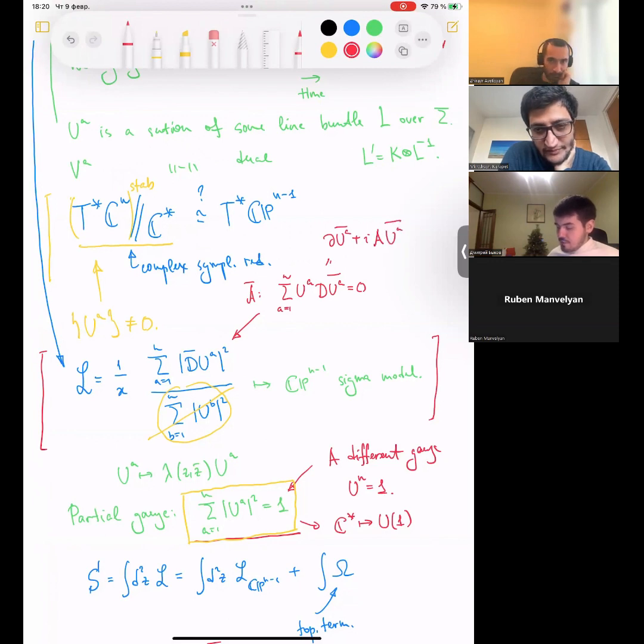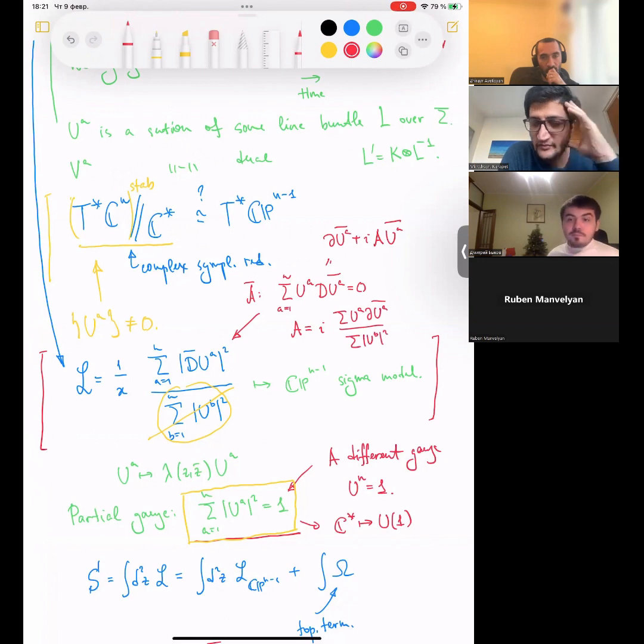So then you solve this, and you get that I A equals I sum over UA d UA bar over sum over UB squared. So A is just the U1 connection here. Yeah, C star. Okay.